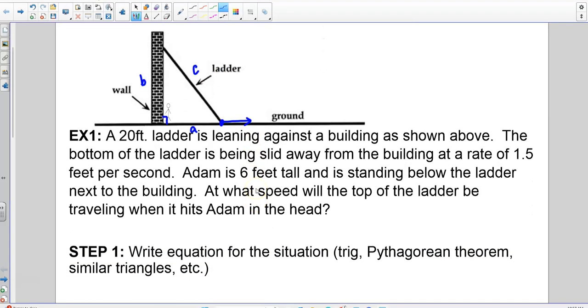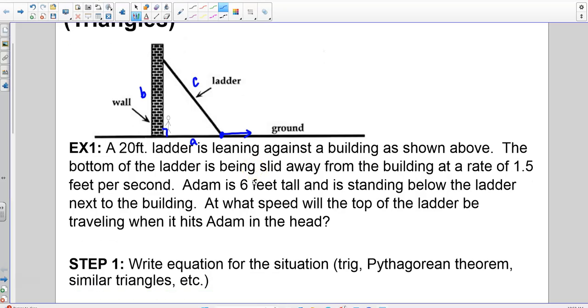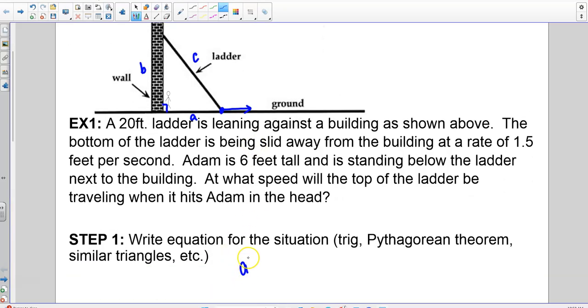And we're going to write an equation for this particular case, and in this case, it is the Pythagorean theorem. A squared plus B squared equals C squared.